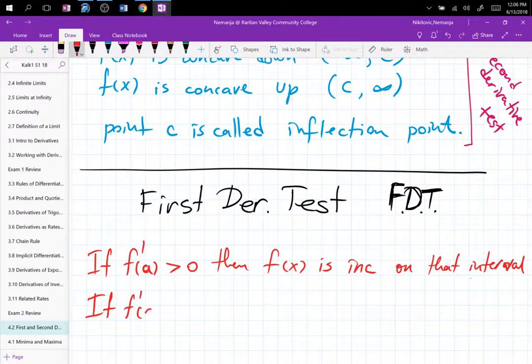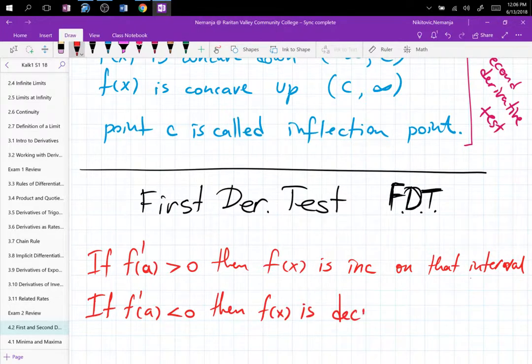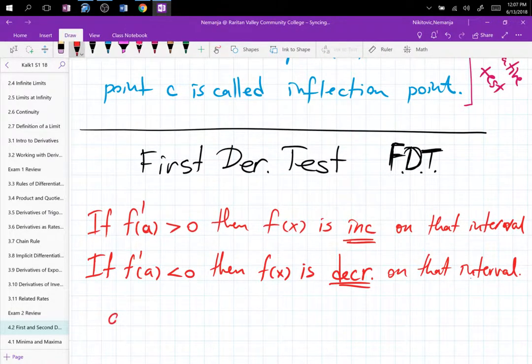If f prime of A is less than 0, then f of x is decreasing on that interval. A is the test point. A is any test point in the interval.